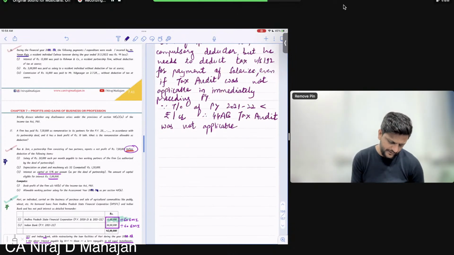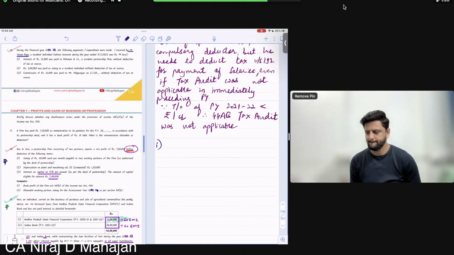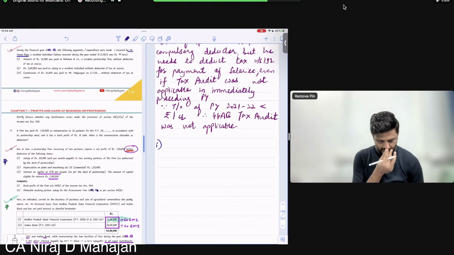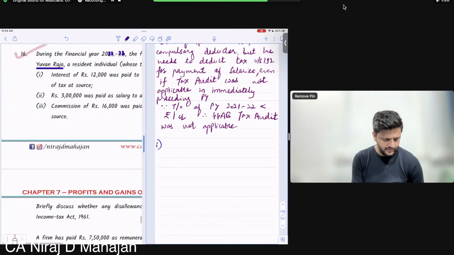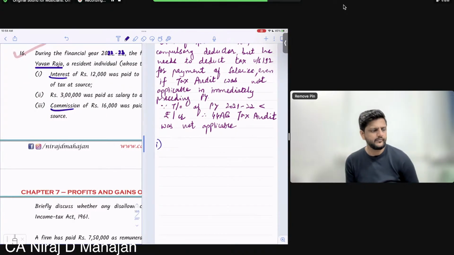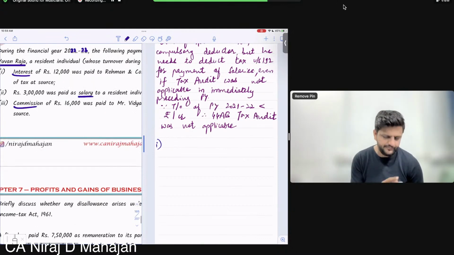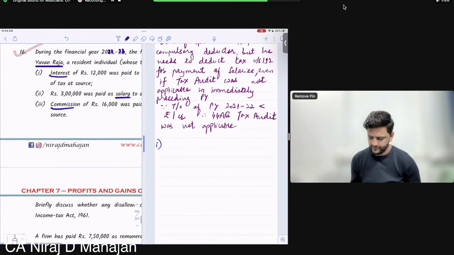Now let's go to the first part. Ready? So interest, see, if at all you understood, on interest and this commission TDS is not required. But on salaries, the second part, it is required. Understood everybody? So write down.